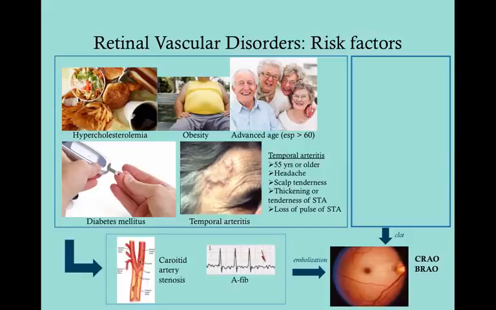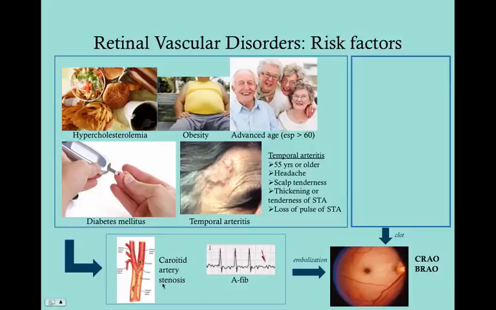So what does this lead to? Especially the hypercholesterolemia, the obesity, the diabetes, and the fact of being old. Those all can lead to or increase your risk of carotid artery stenosis and of atrial fibrillation because of small undetected heart attacks. And those things, carotid artery stenosis because you're gathering plaque, and atrial fibrillation because you can develop a clot because of a lack of appropriate contraction.